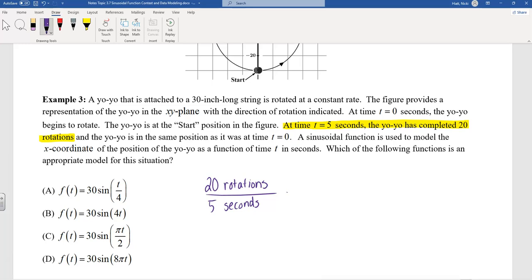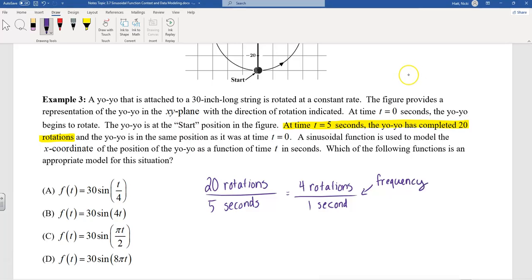If I wanted to sort of reduce that, that'd be 4 rotations in 1 second. Now, this is not our period. This would be our frequency.